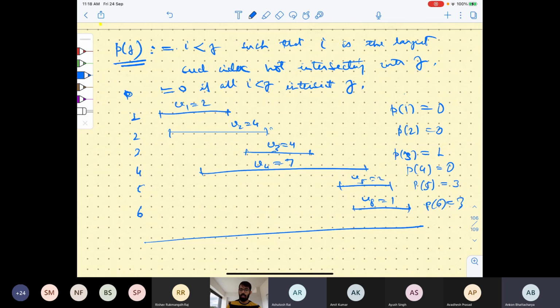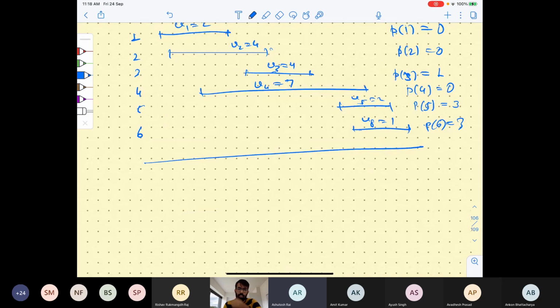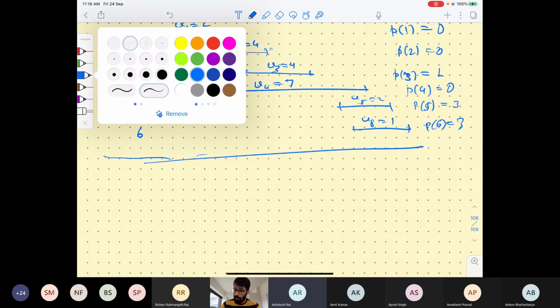So this is the thing: for an interval, we look at which was the interval that finished right before this, the largest index that finishes before this. Now, why are we doing this? It will become apparent in just a moment.